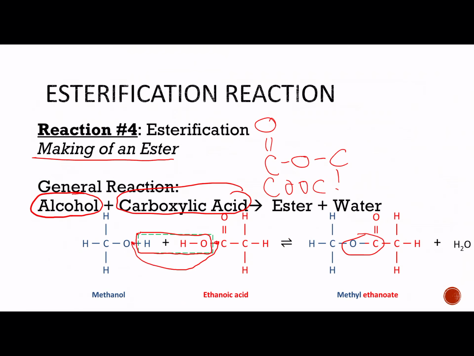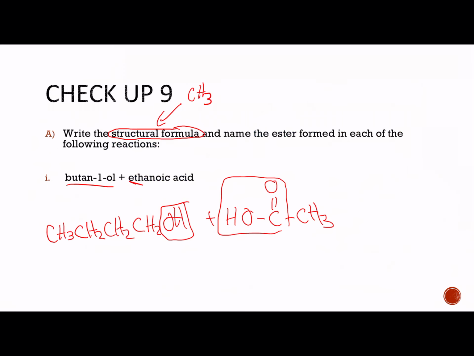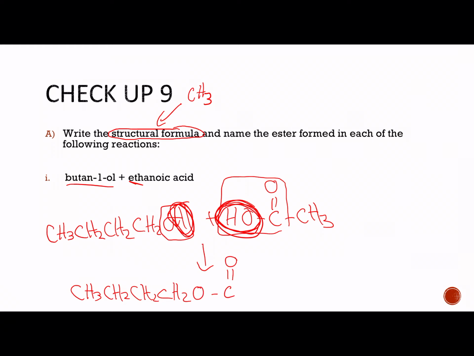You take away the OH from the carboxylic acid, and you take away just the hydrogen from the alcohol. So that is something to make note of. So what you end up making is CH3, CH2, CH2, CH2O, CO, CH3, where this oxygen here is connecting directly to this carbon.